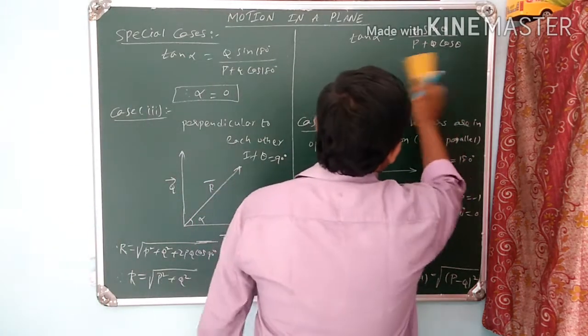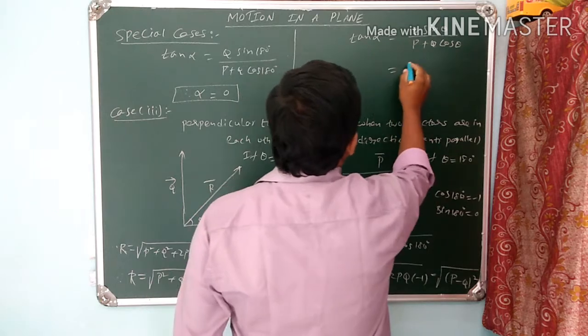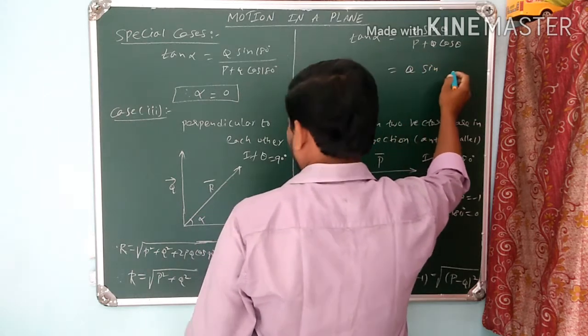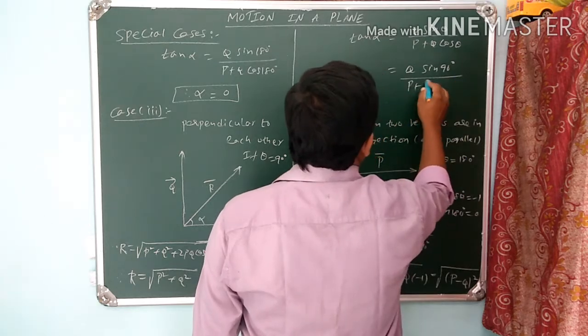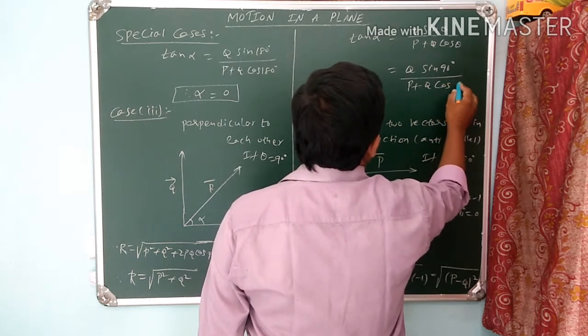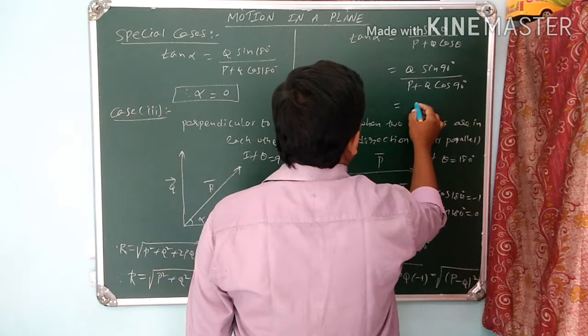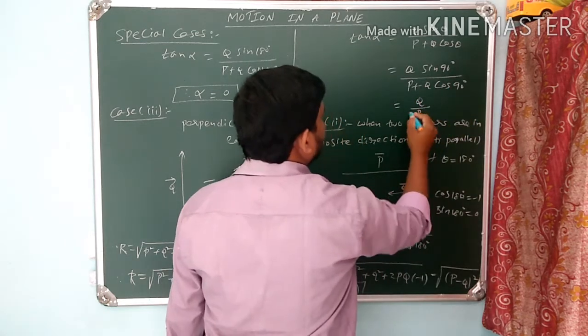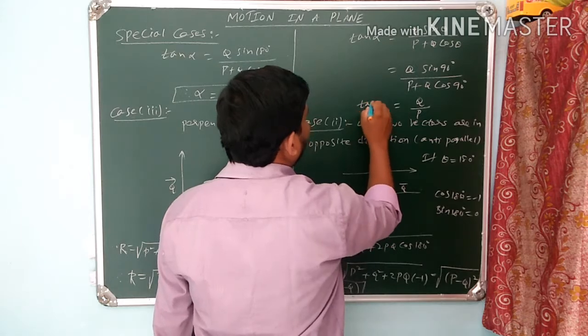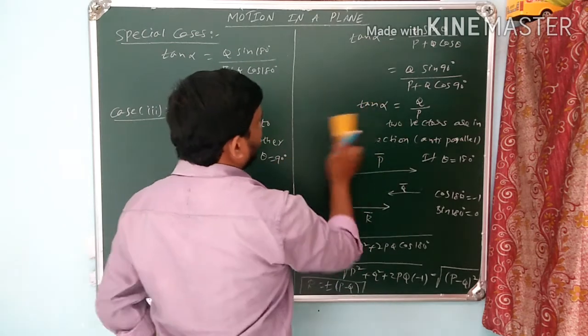And now tan alpha is equal to q into sin theta, where theta is 90 degrees, sin 90, by p plus q cos 90 degrees. That is q into sin 90, which is q, by cos 90 which is 0, so q by p. Therefore tan alpha is q by p.